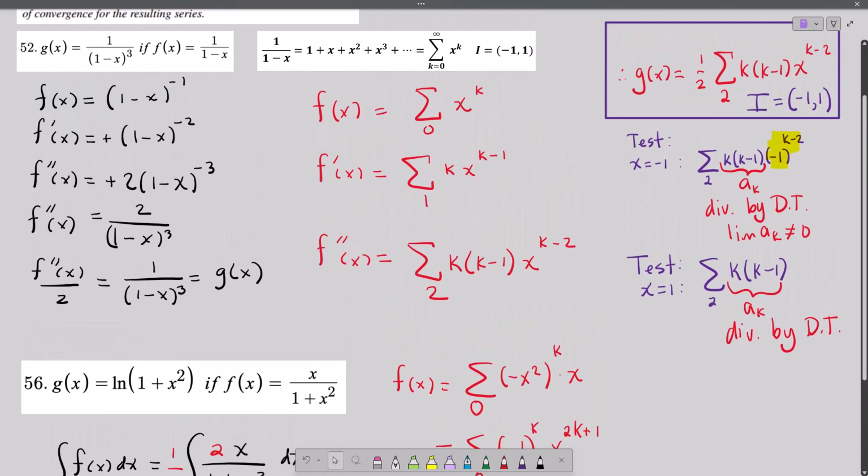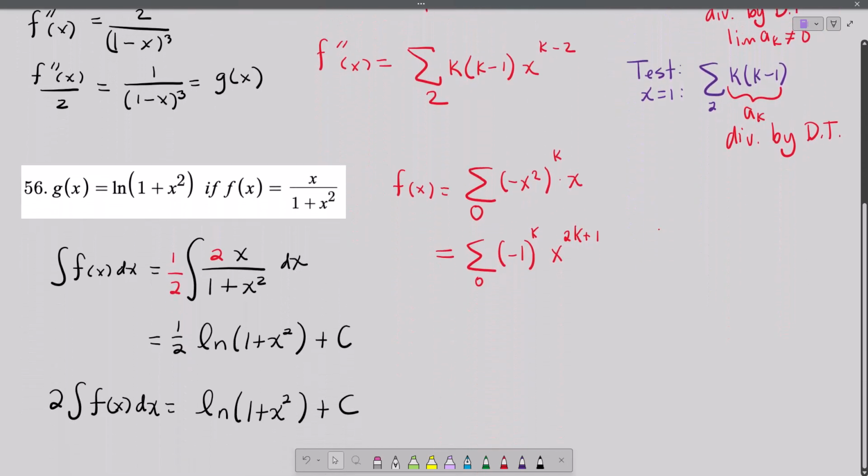So we take our interval of convergence that we started with, so negative 1 is less than x, which is less than 1, and then we replaced x with negative x squared. So when we do that, we're replacing this x with negative x squared, and we have to see what happens.